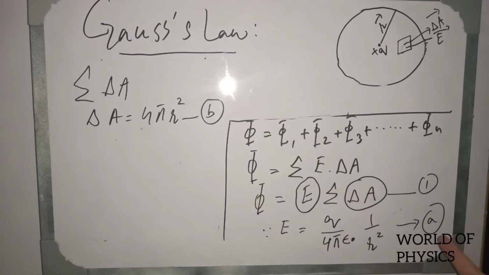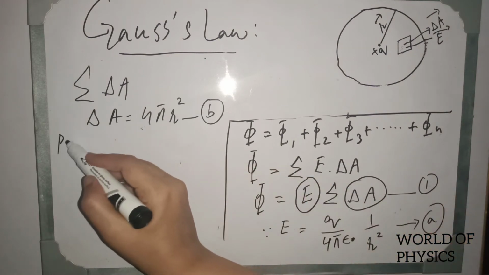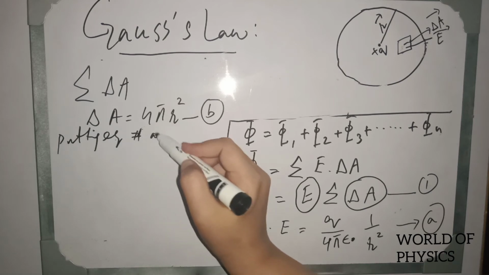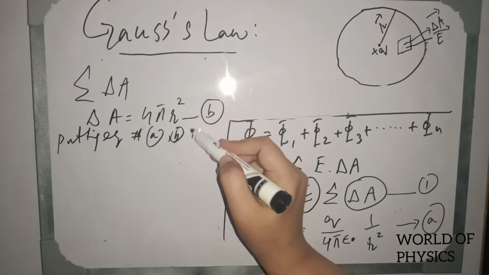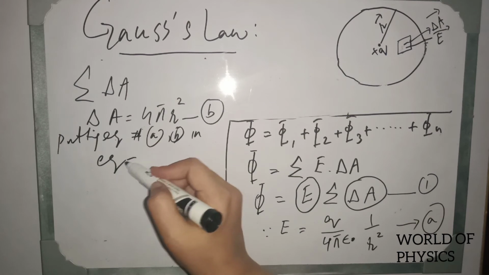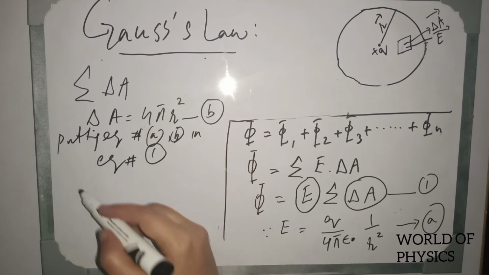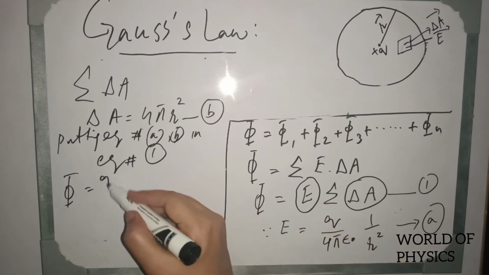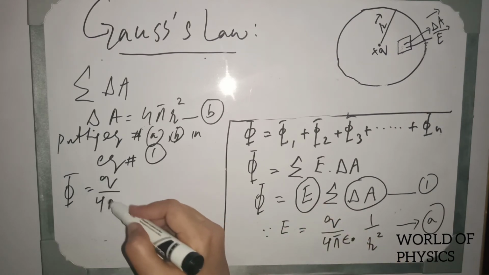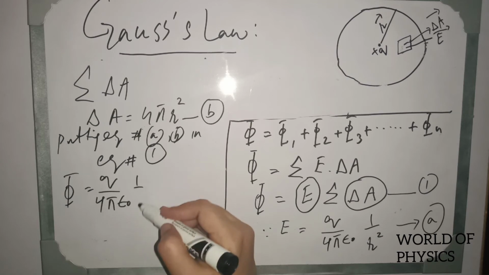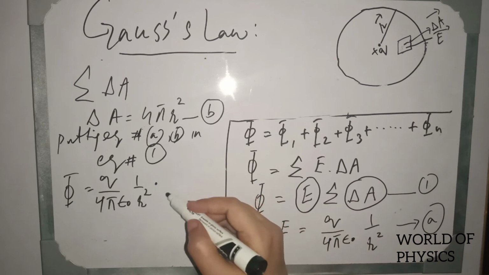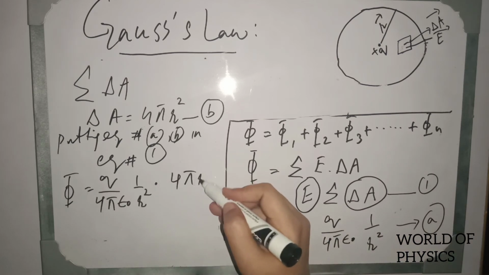Now putting equation number A and equation number B in equation number 1, we get the value of total flux, which is equal to, instead of E, Q over 4 pi epsilon naught times 1 over r square, and instead of summation of delta A, we write 4 pi r square.